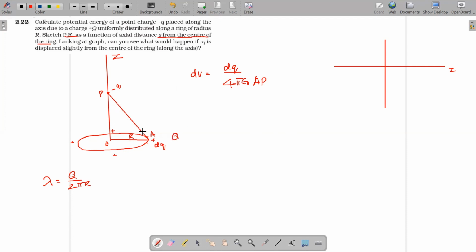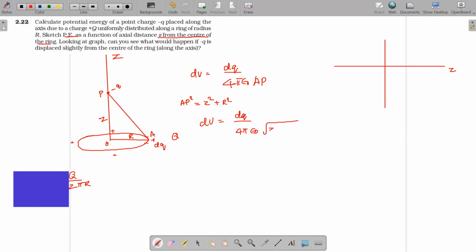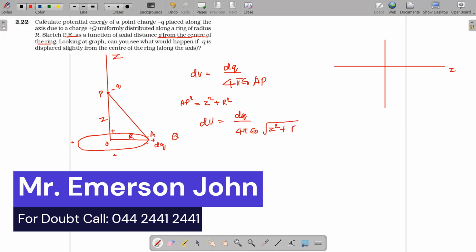AP is nothing but the hypotenuse. Let us take this as Z and this as R. AP squared will be equal to Z squared plus R squared. So the small potential due to the small portion dq will be dq divided by 4 pi epsilon naught into root of Z squared plus R squared.